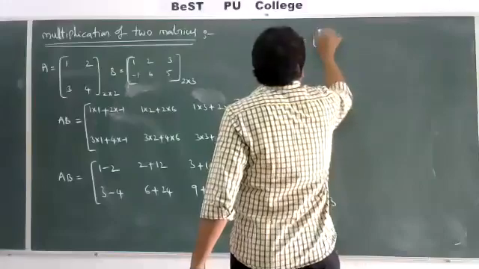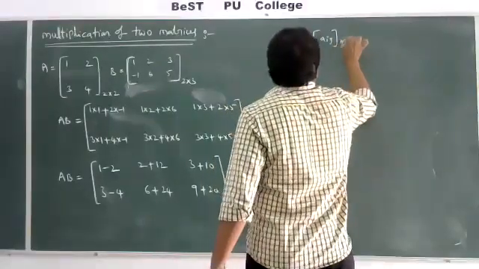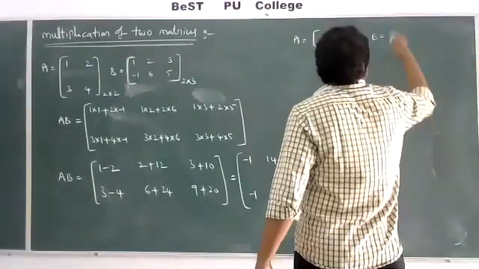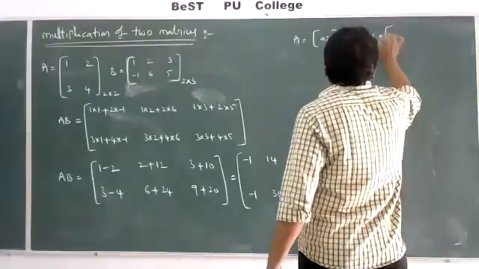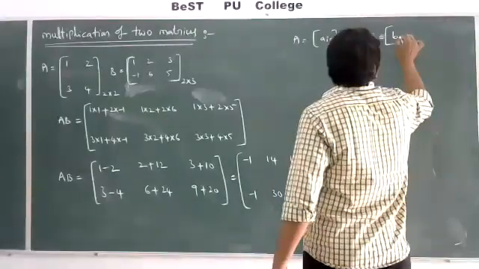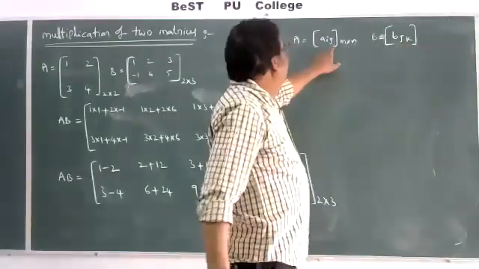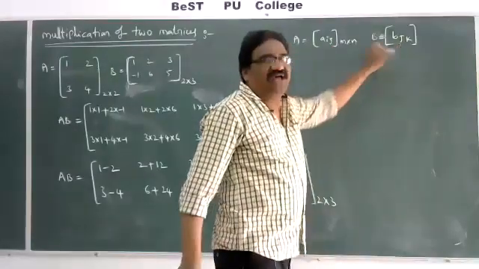Here observe this: the number of columns, j, and the number of rows are both equal.